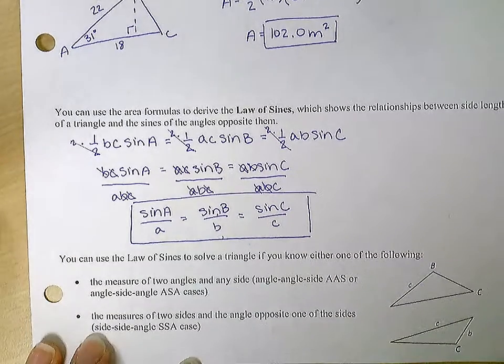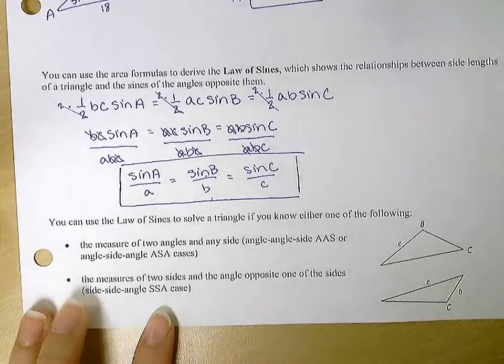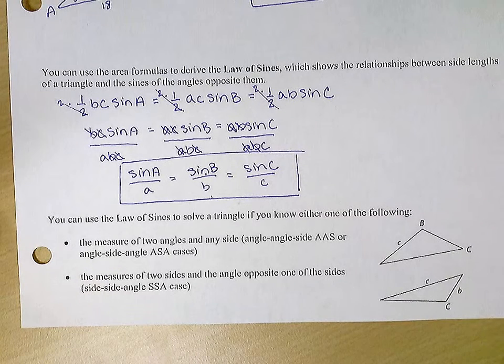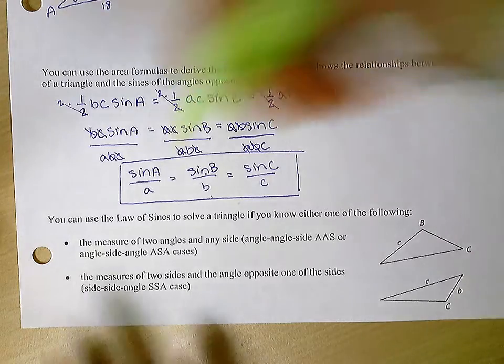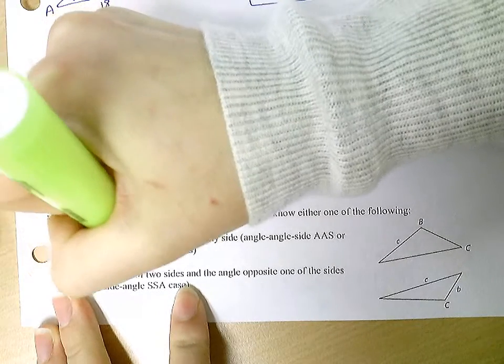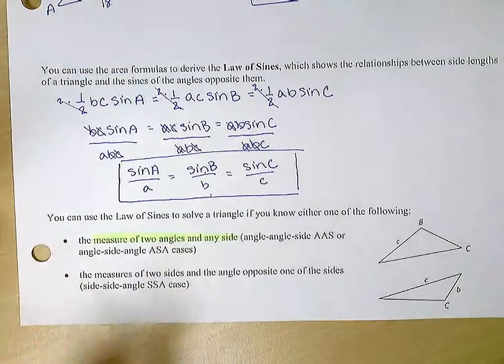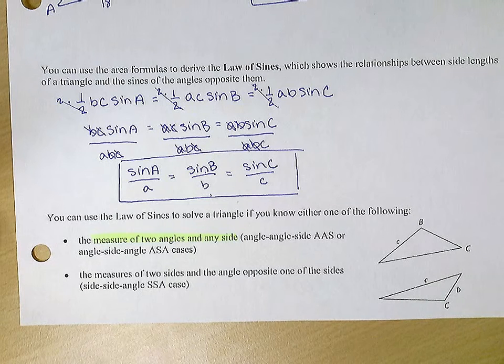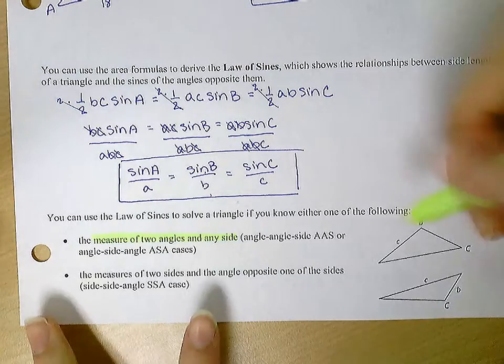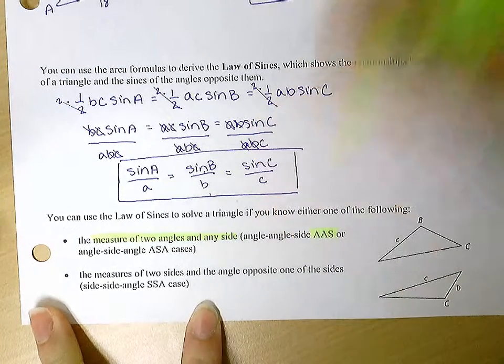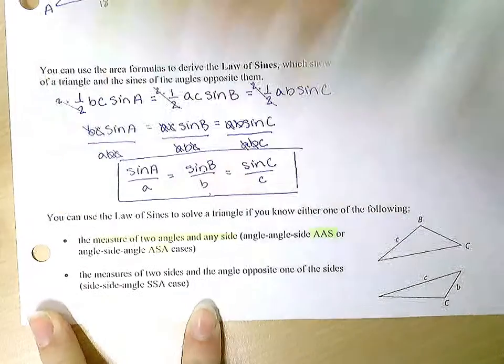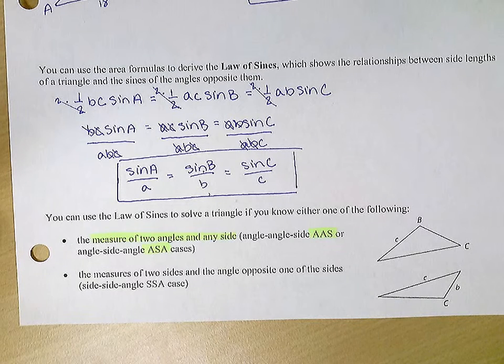So we can use the law of sines to solve a triangle if you know either one of the following. The first one here, you need to know the measure of 2 angles and any side. So if you know 2 angles and one of the sides, we can use the law of sines, and that is the angle side angle case.